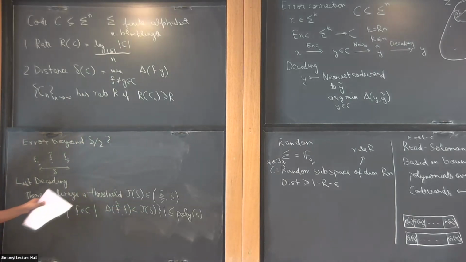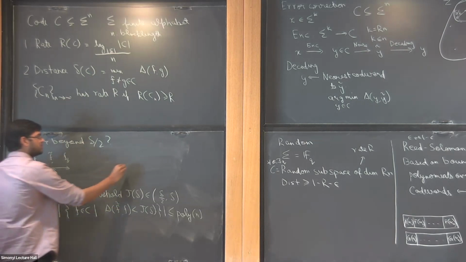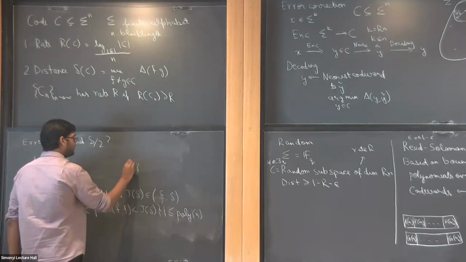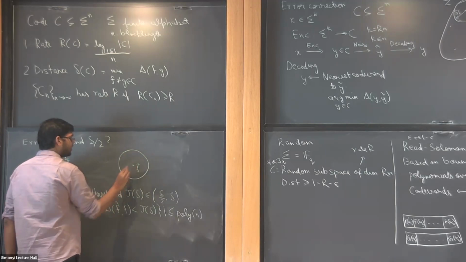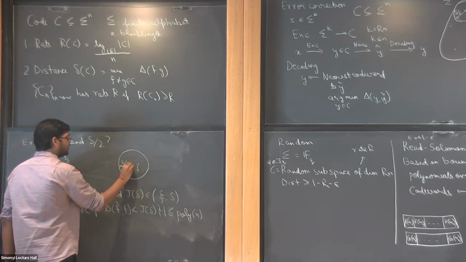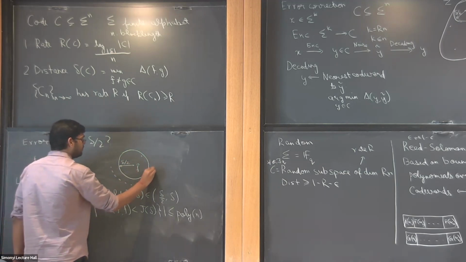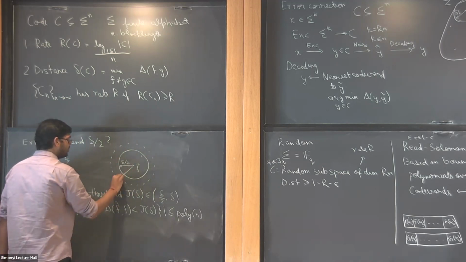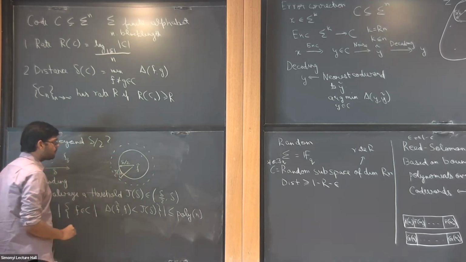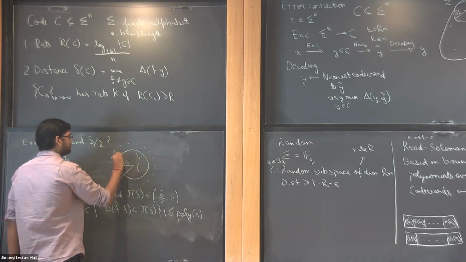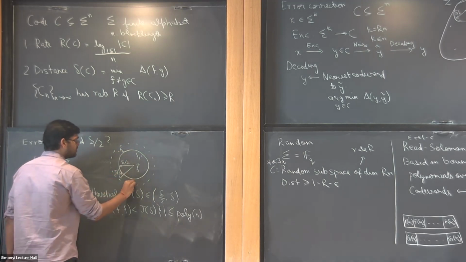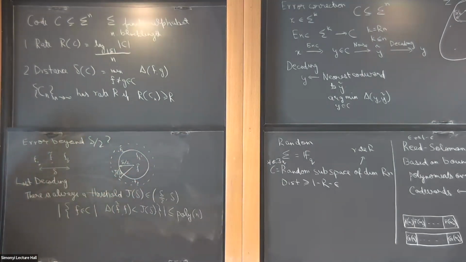Then the number of such code words is only polynomially many in n. We're saying that this is f tilde. We saw before that because of the distance of a code, up to delta over 2, there is only one possible candidate. But even if we were to extend it beyond delta over 2, up to some threshold, then maybe there's not just one. This was F1. There might be multiple, but not exponentially many.